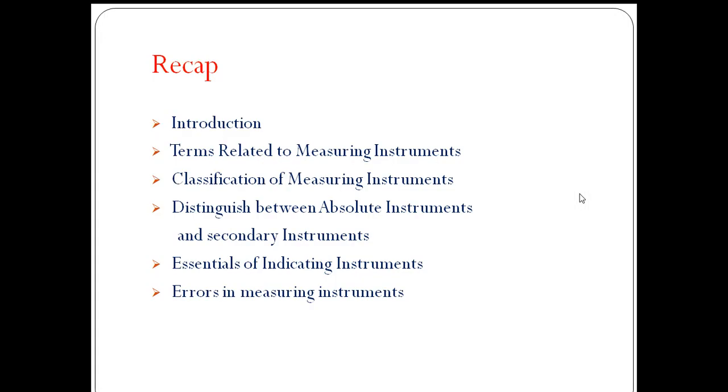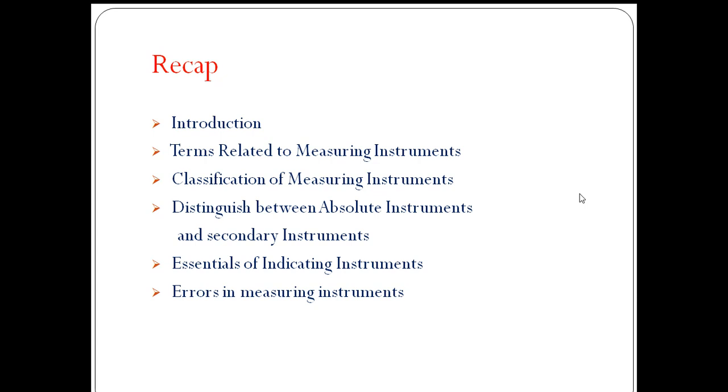So this is the recap. In the previous classes, we have seen the introduction to measuring instruments, terms related to measuring instruments, classification of measuring instruments, the differences between absolute instruments and secondary instruments, and the essential requirements of indicating instruments.